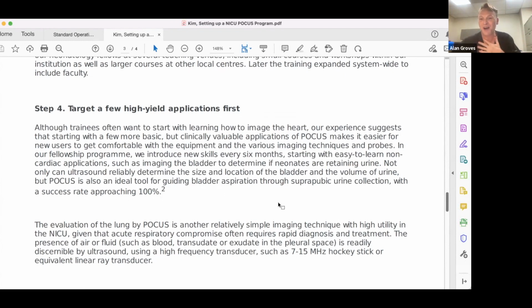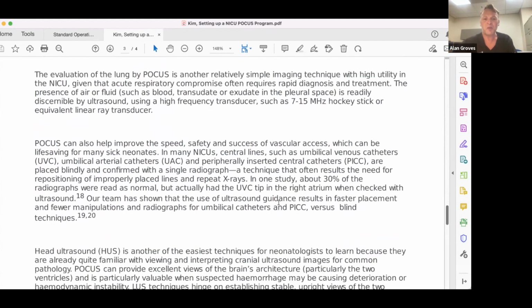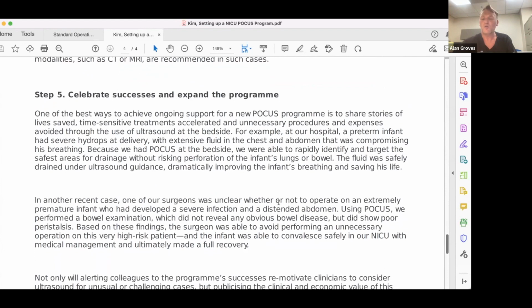I would do more lung if I had that skill set. Our PICU guys are going to help us with that. But yeah, pick some high yield applications rather than thinking you can roll out a full application for every indication. That's too many people being trained to do too many things. And then once you've done one thing right, celebrate that, show everybody the benefit of that, and jump on to the next step after that.